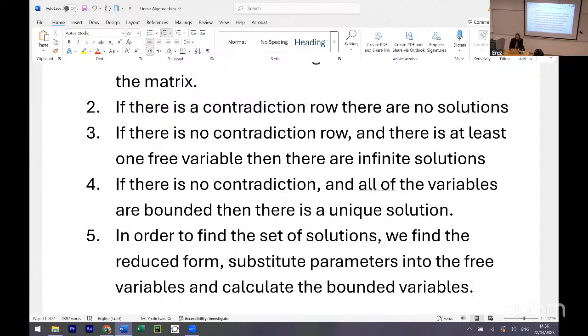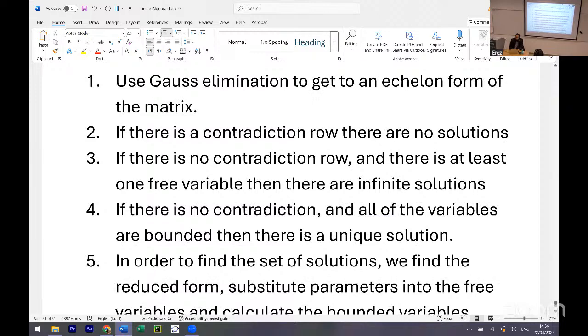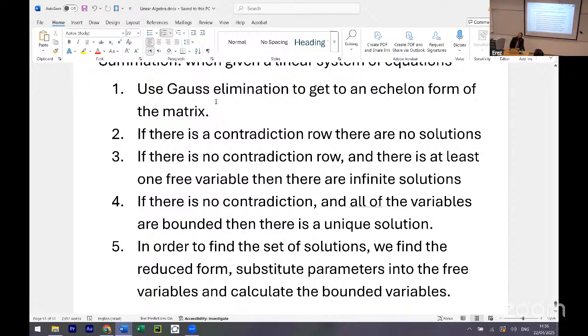I don't know if it's really 5 steps. Most of them, if you notice, is step 1. This is most of the work. It's finding the echelon form, and the rest is simply understanding what you're doing.